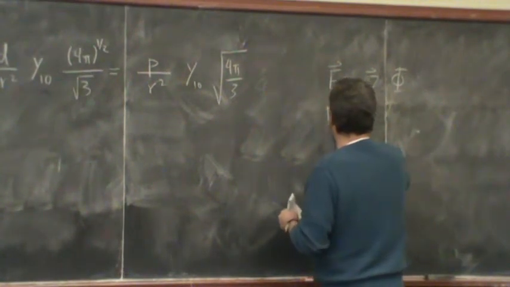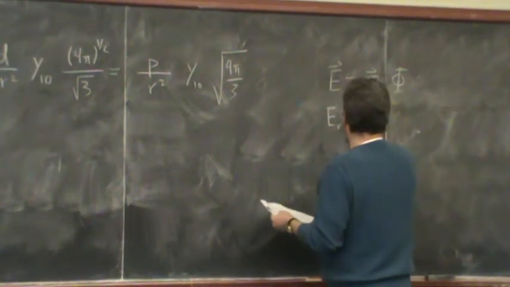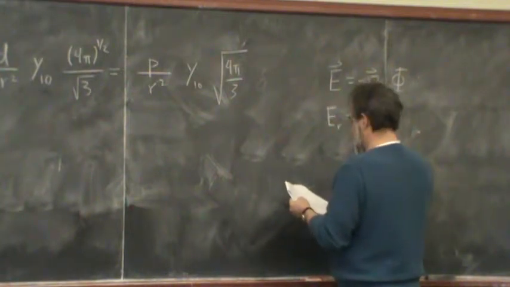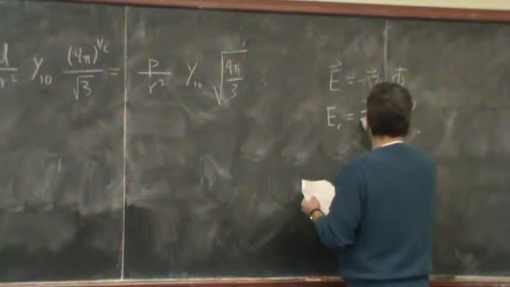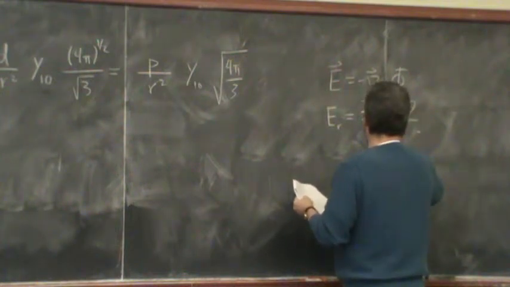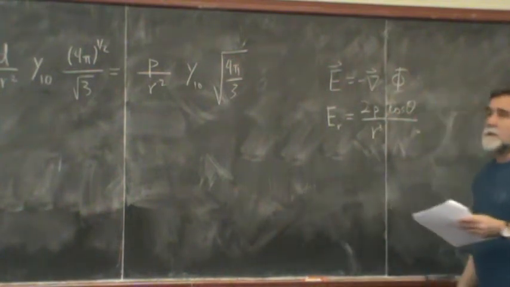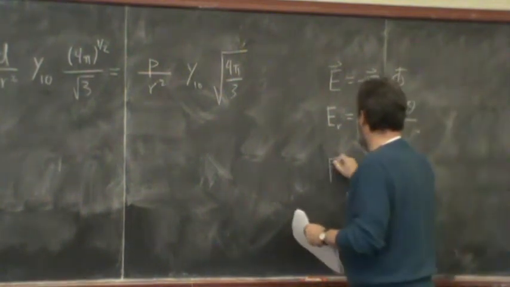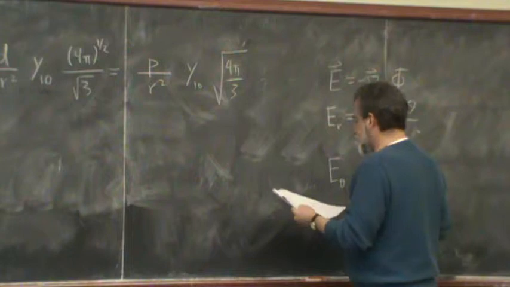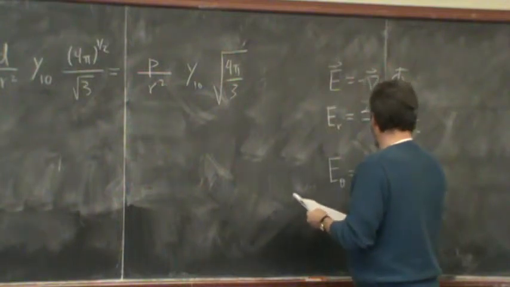And I'll do it in spherical coordinates. E sub r is 2p cos theta over r cubed. So the field drops off as 1 over r cubed. There is a theta dependence.